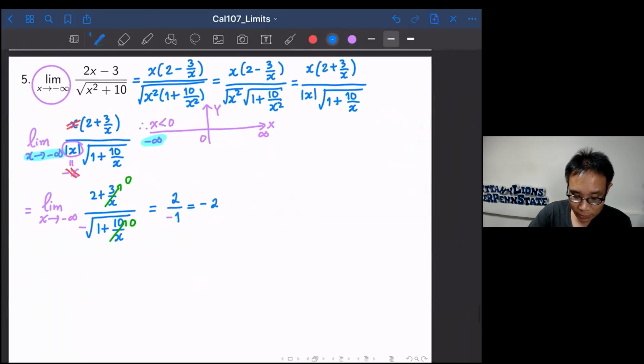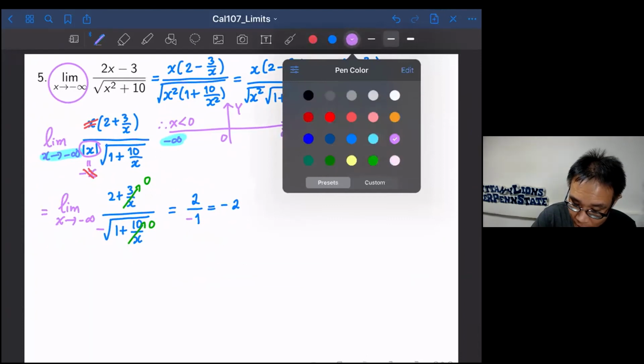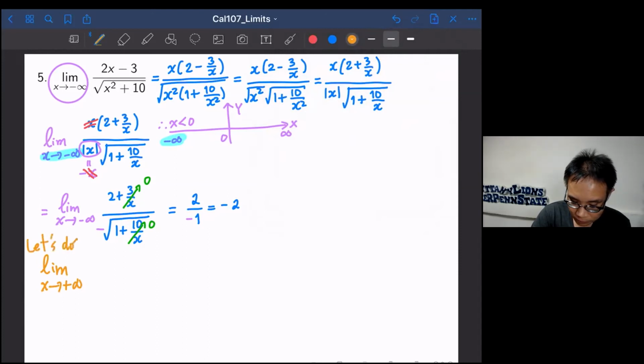And now you have the limit as x goes to positive infinity. So let's do the limit as x goes to positive infinity of this term.